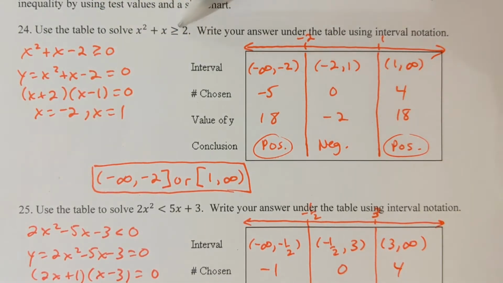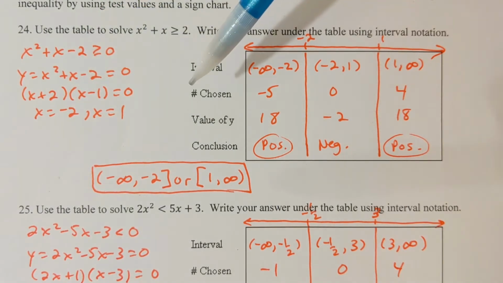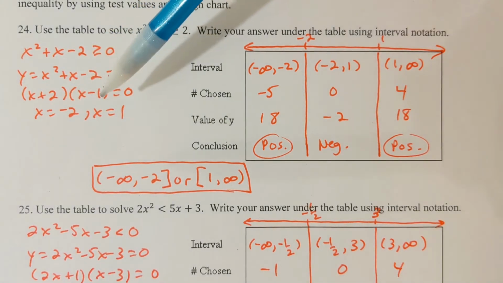Now I don't have an equation, I have an inequality, but I'm going to temporarily solve this as an equation. Now, with a quadratic equation, of course, we always want to think factoring first. x squared plus x minus 2 will factor nicely as x plus 2 times x minus 1. And when you set the factors equal to 0, you should get x equals negative 2 or x equals 1.